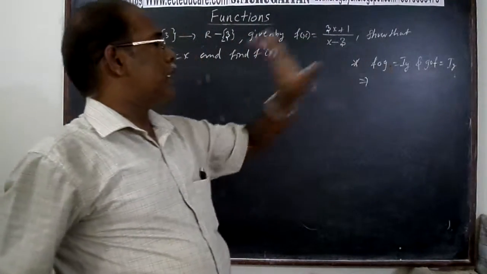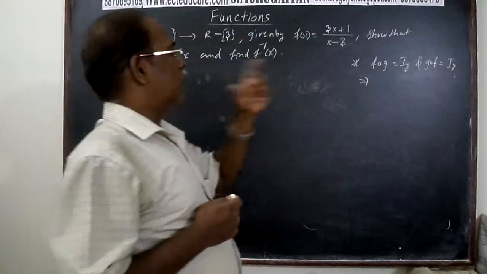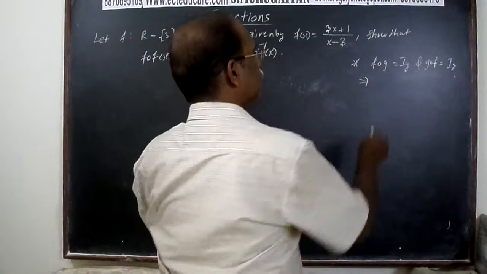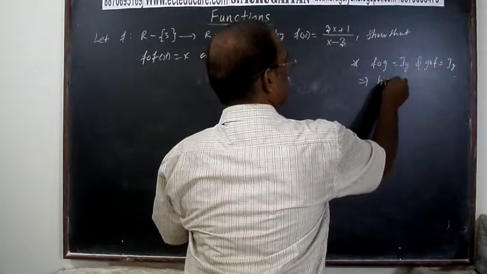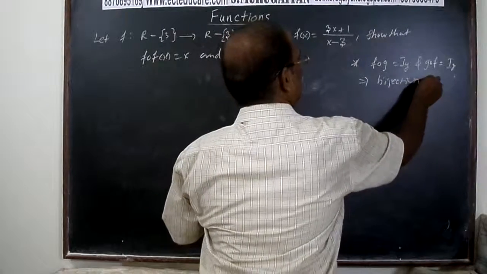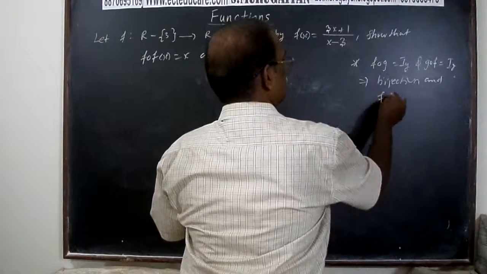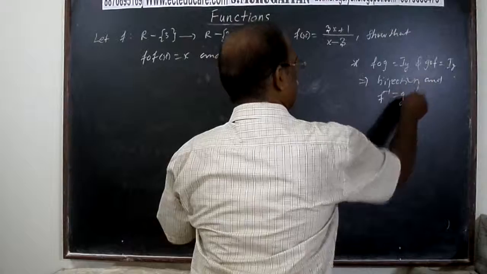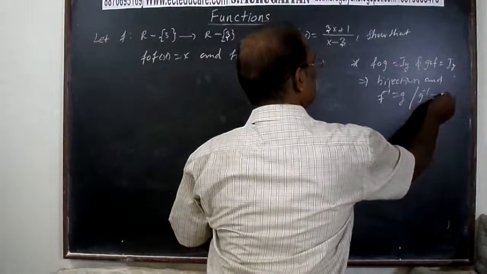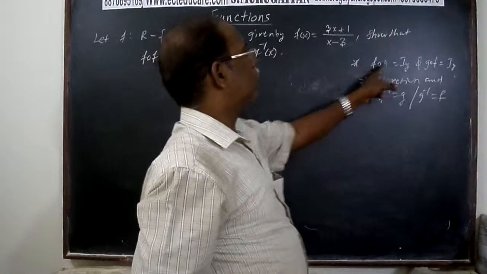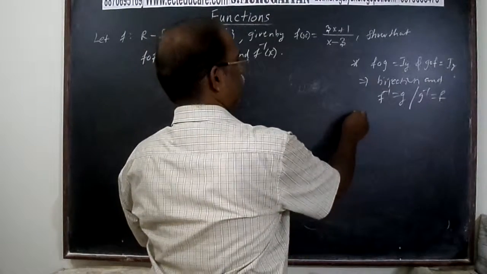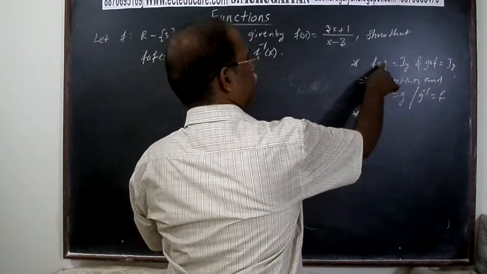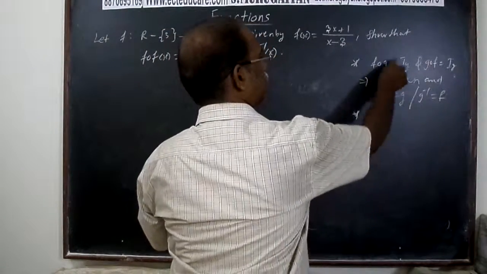The function is a bijection, one-to-one and onto, and f inverse is nothing but g, or g inverse equals f. This is for two different functions. Remember one more point: instead of f∘g and g∘f, both are the same.